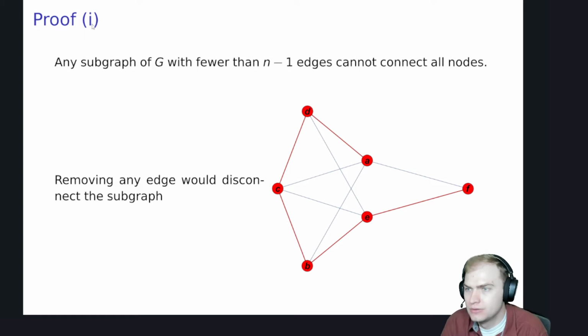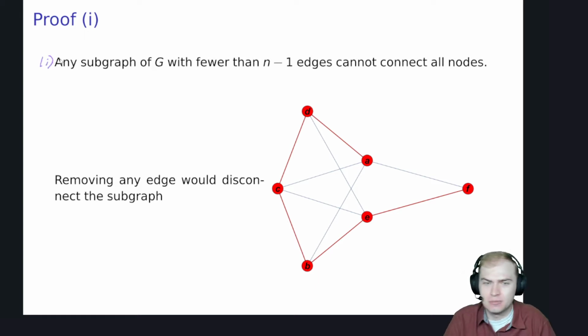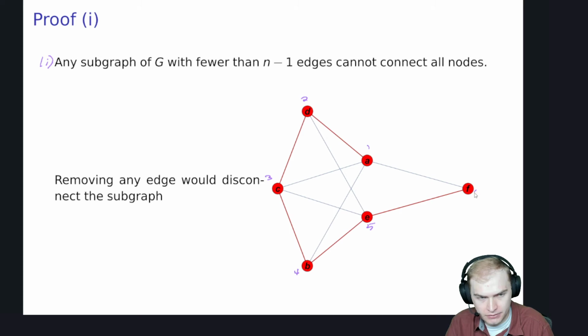The first idea was that any subgraph with fewer than n-1 edges cannot connect all nodes, with n being the number of vertices and the subgraph just being a collection of the edges. Here we have 1, 2, 3, 4, 5, 6 nodes, and this path between them has length 5.